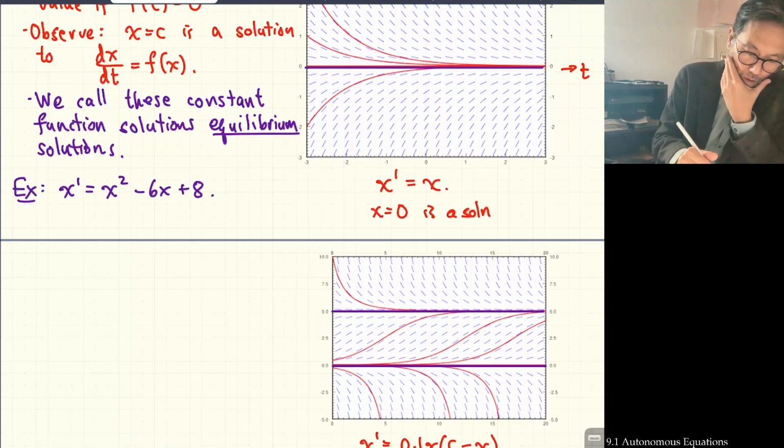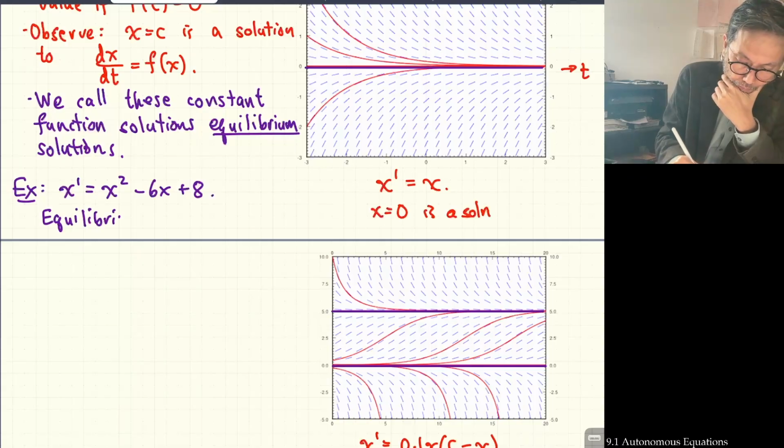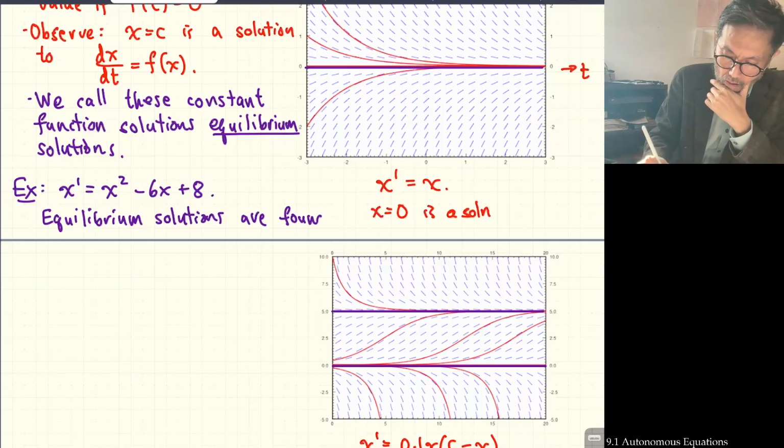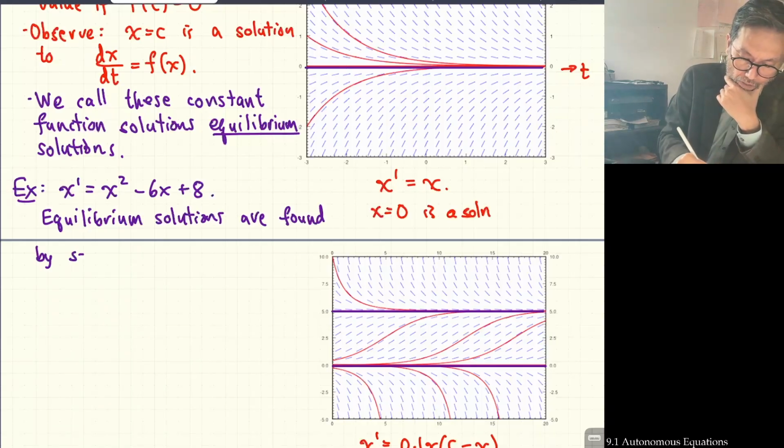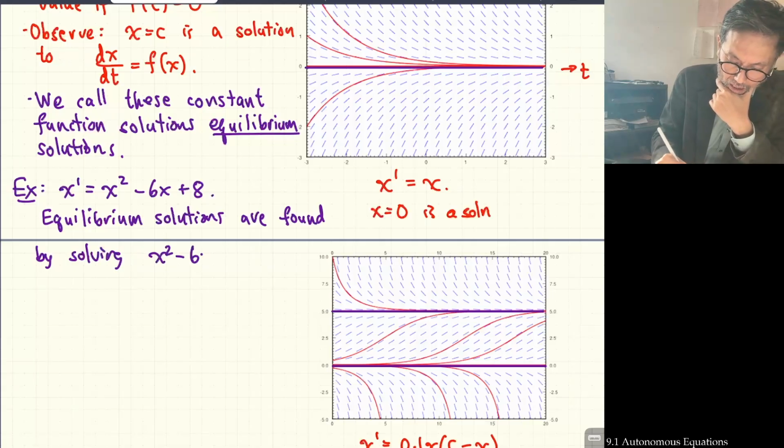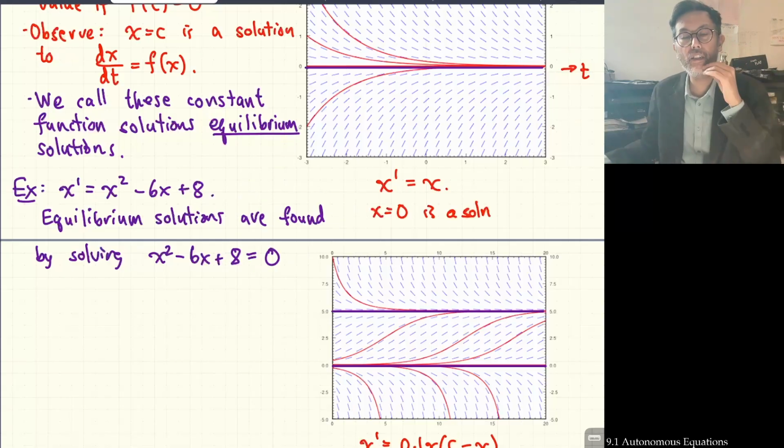The equilibrium solutions are found by solving the equation x squared minus 6x plus 8 equals 0. In other words, finding the critical values.